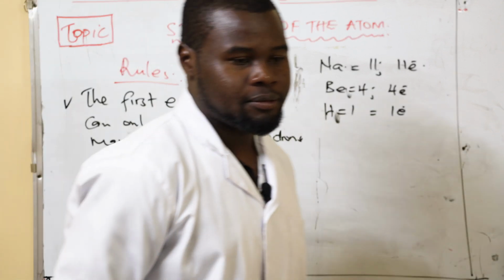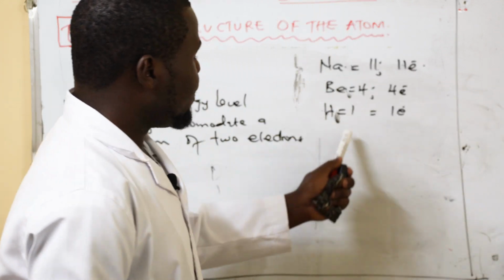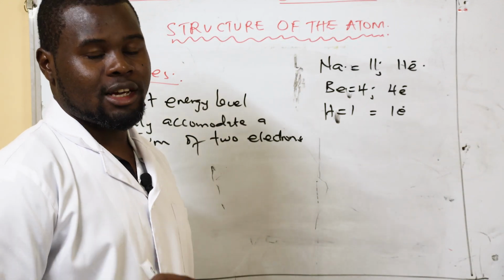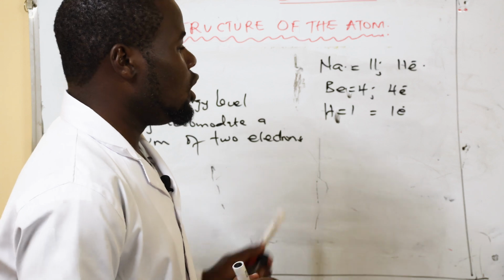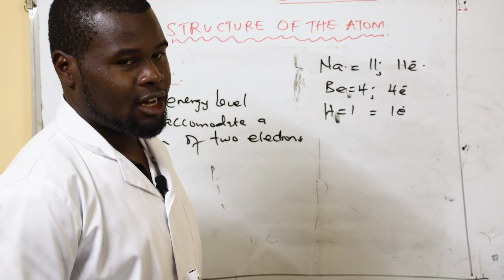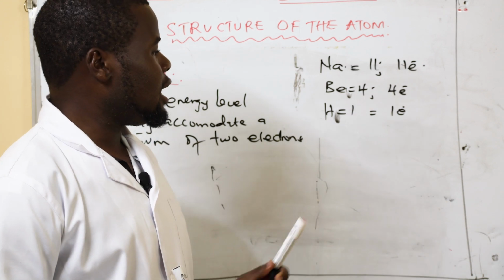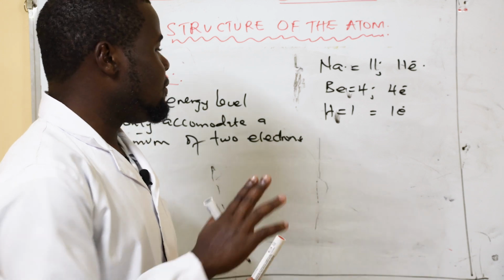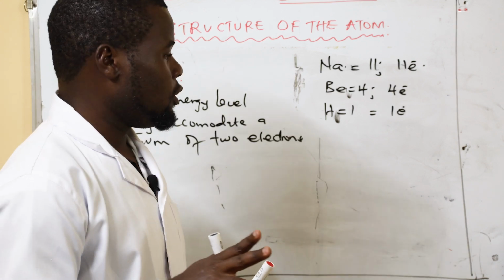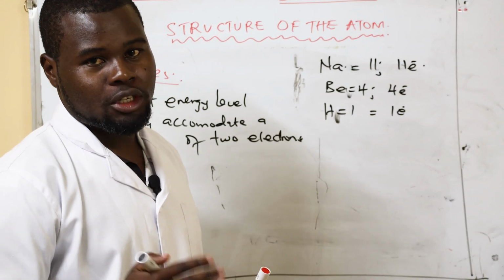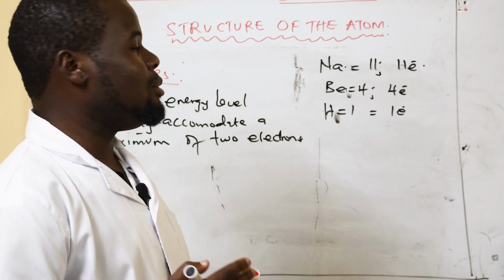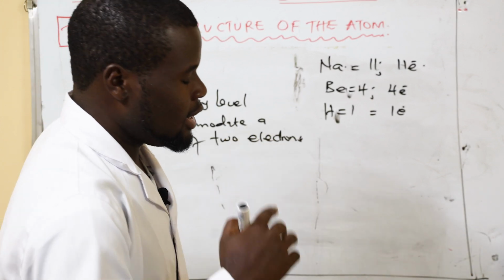What does that mean? For example, hydrogen has got 1 electron, so it means it will only occupy the first energy level. Whereas beryllium has got 4 electrons, the first energy level will accommodate 2 maximum, which means 2 must remain, and the ones that remain will be carried to the next energy level.